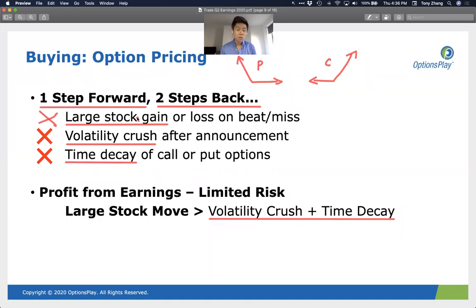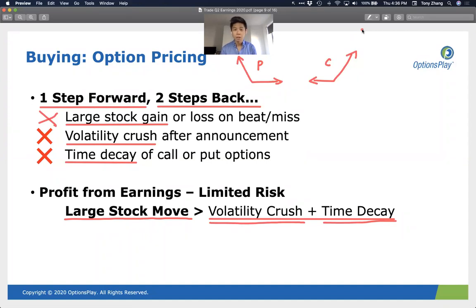So this is the challenge around trading earnings, right? Even if you get the direction correct, you can still lose money if the move that you're expecting is smaller than what you're losing to volatility crush and time decay. Only if you get the direction and the magnitude correct do you even have an opportunity of making money. That's the challenge of buying a call or put going into earnings.